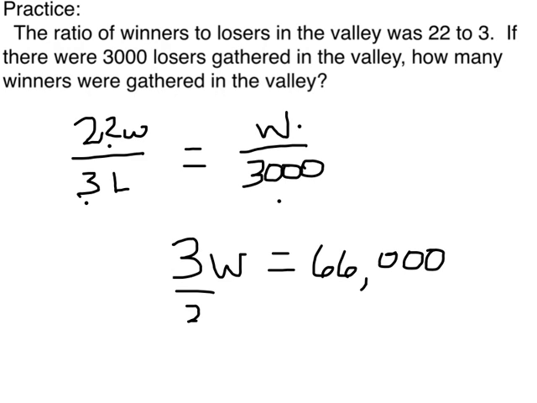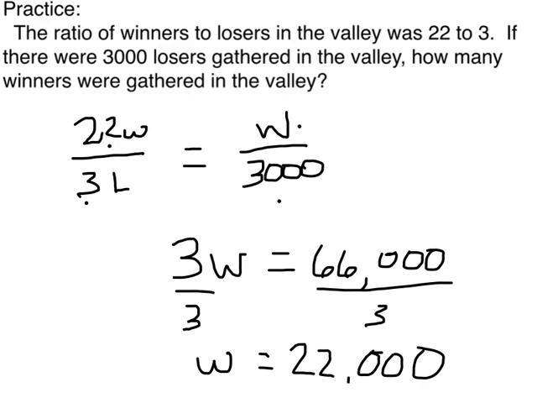And when I divide that by 3, I'm going to get 22,000. I can also look at it this way. 22 over 3, if I've got a 3 here and just added 3 zeros, I can also have a 22 here and add 3 zeros to have an equivalent fraction.